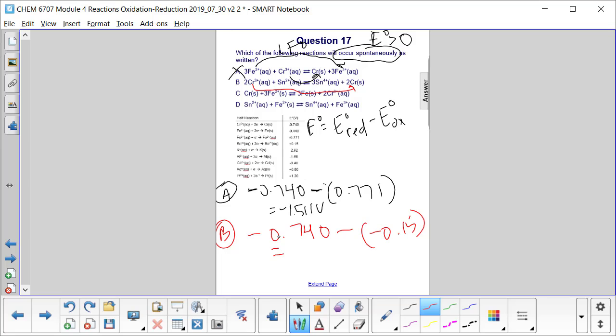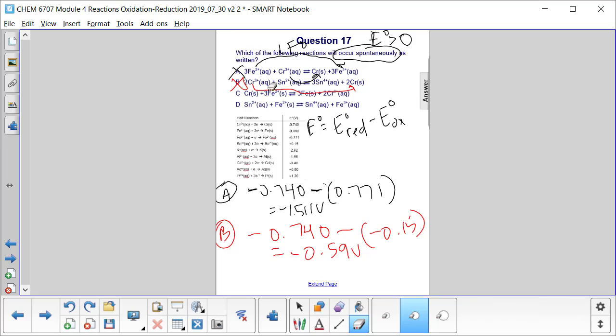So you're going to see we're going to get a negative here as well. So we get minus 0.59. Okay, so also not positive, not greater than 0.